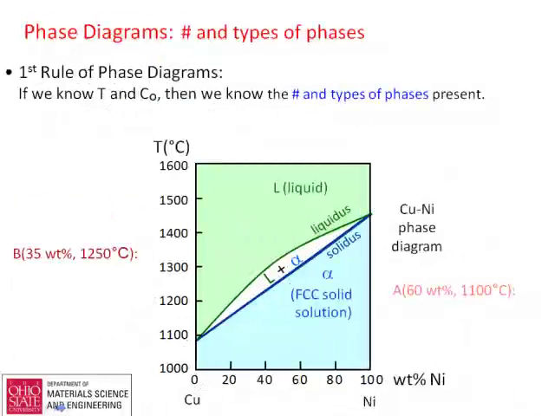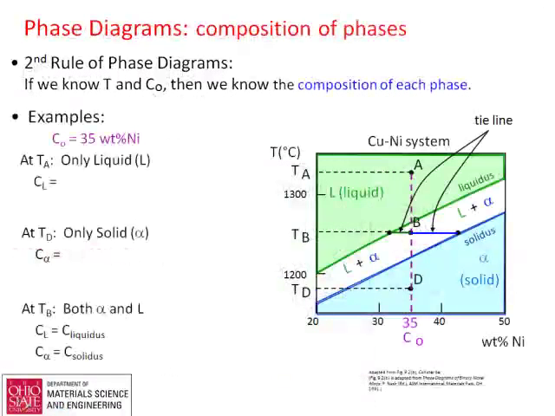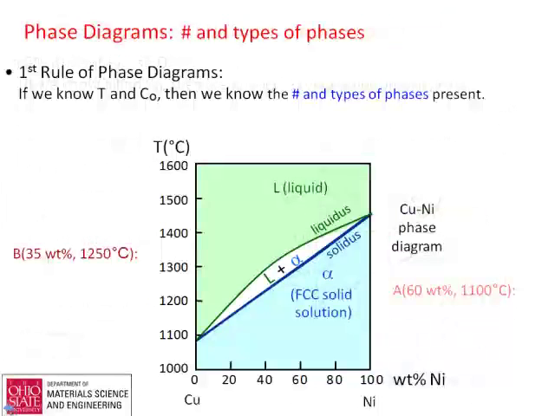So the first rule of phase diagrams: if we know temperature and composition, we know the number and types of phases present. For example, if I'm at 35 weight percent nickel and 1250 degrees C, that puts me right about there.